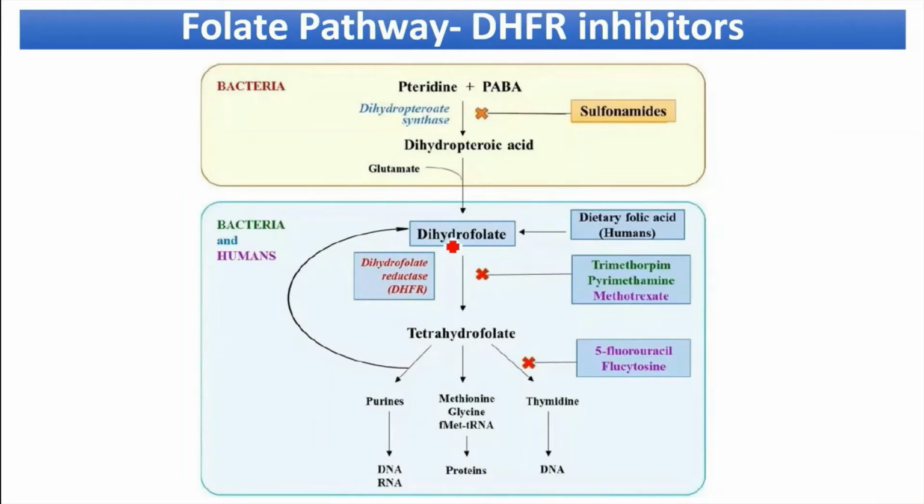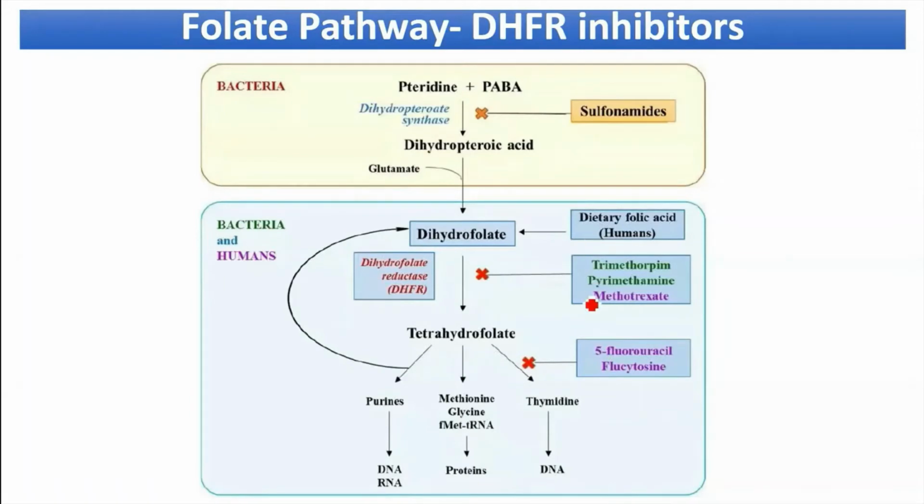And in this cycle, what is observed is that tetrahydrofolate, once it transfers the methyl, is oxidized back again to dihydrofolate, and this cycle continues. So it is not that THF is lost, it is converted back to dihydrofolate, and this process keeps continuing.